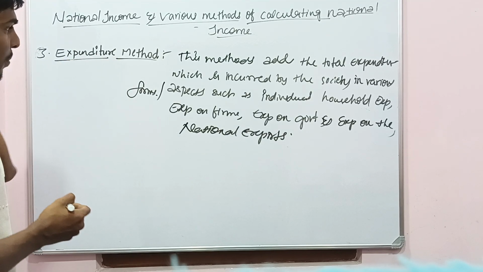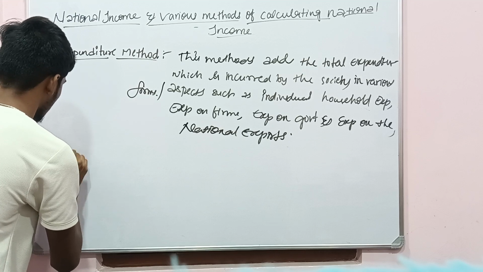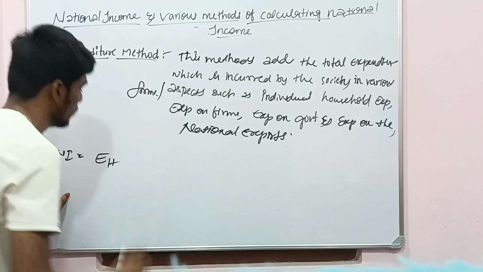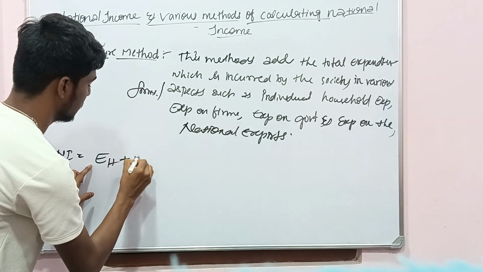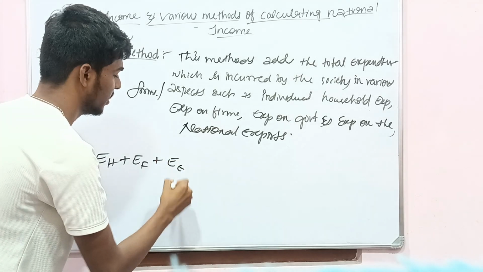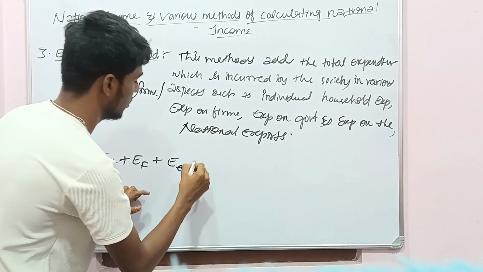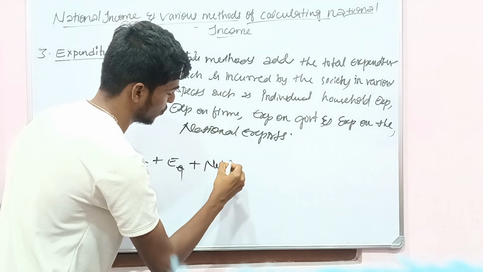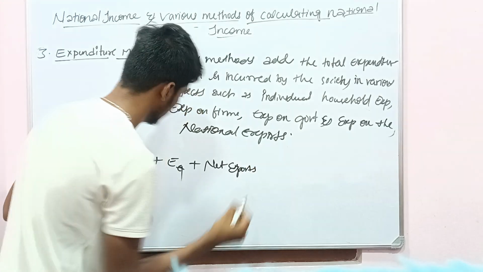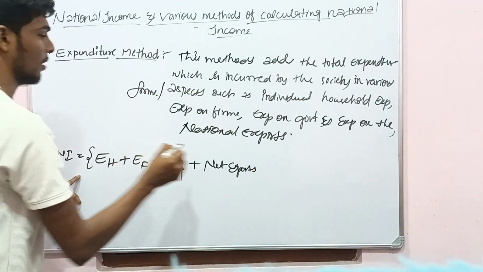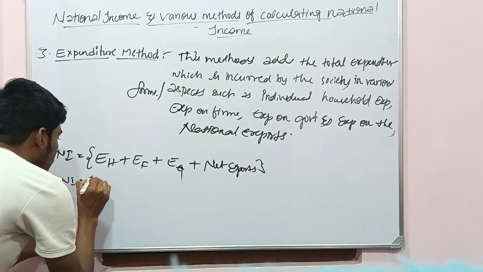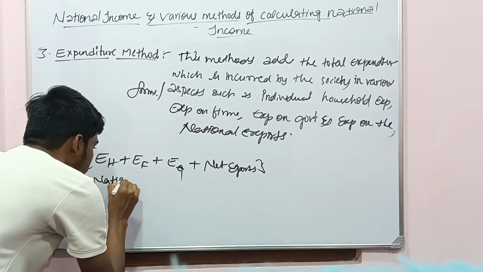Now let's see with the help of the formula. National expenditure equals expenditure on household plus expenditure on firms plus expenditure on government plus expenditure on net exports, which equals national income.